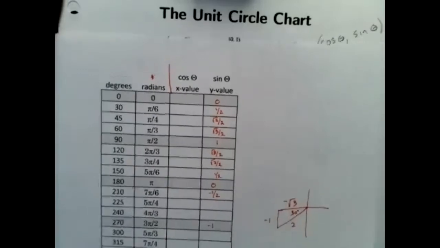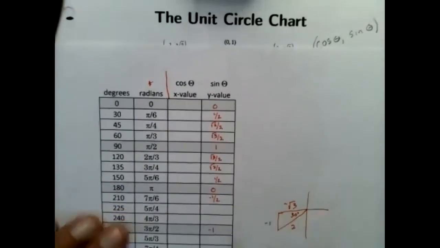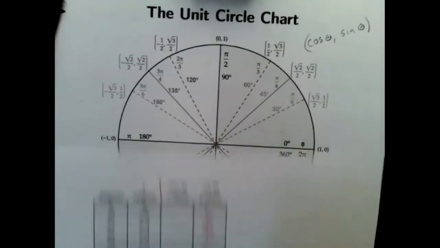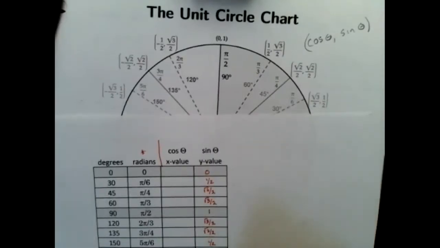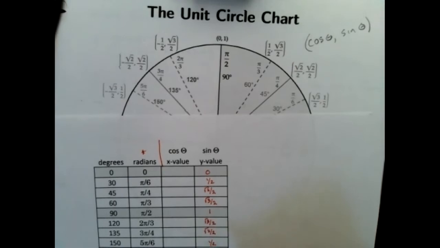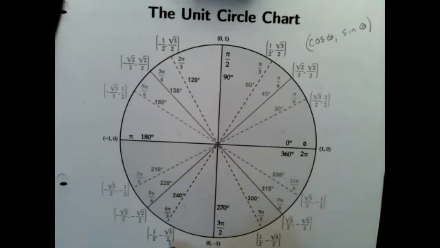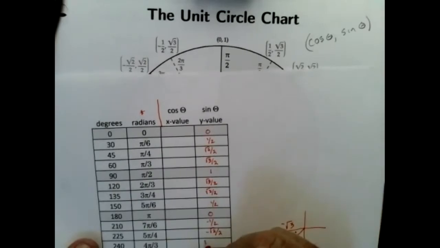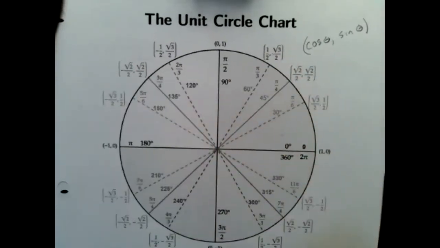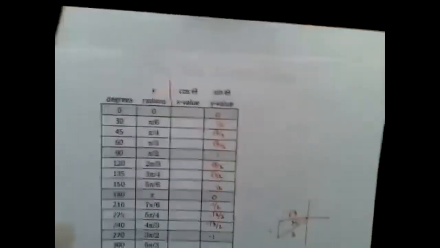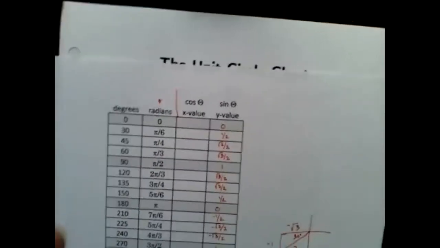So if I kept going here and I went 225, where are you, 225? Negative square root of 2 over 2. If I went to 240, it's negative square root of 3 over 2. At 270, it's negative 1. So if I filled out this whole column, and then I said, wait, stop.